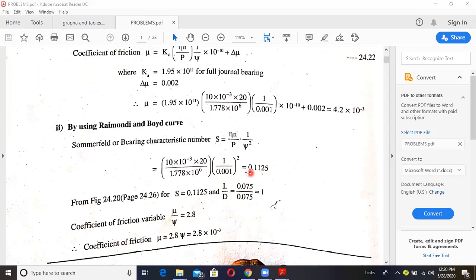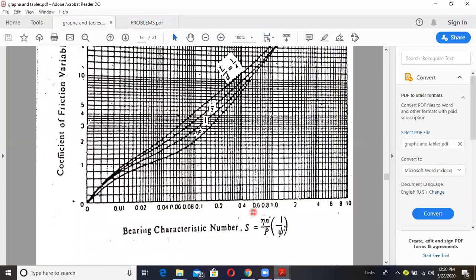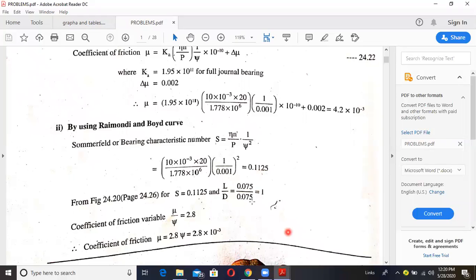Now we got S is equal to 0.1125 and L by D is equal to 1. Now if you refer to the table, we got S is equal to 0.1.